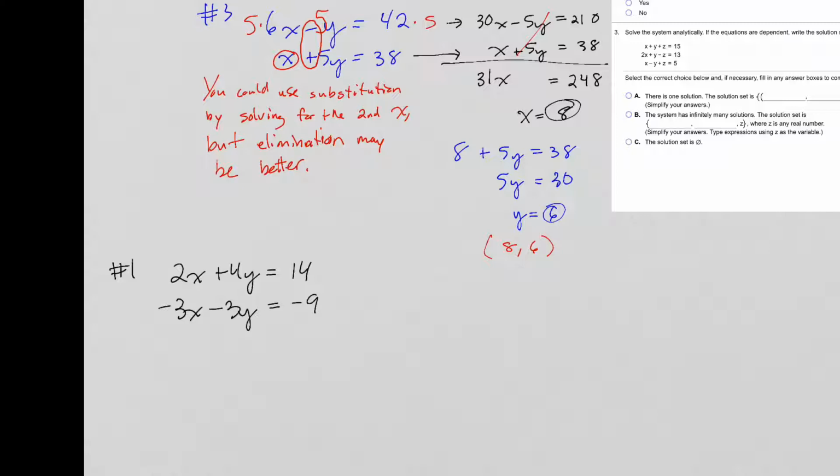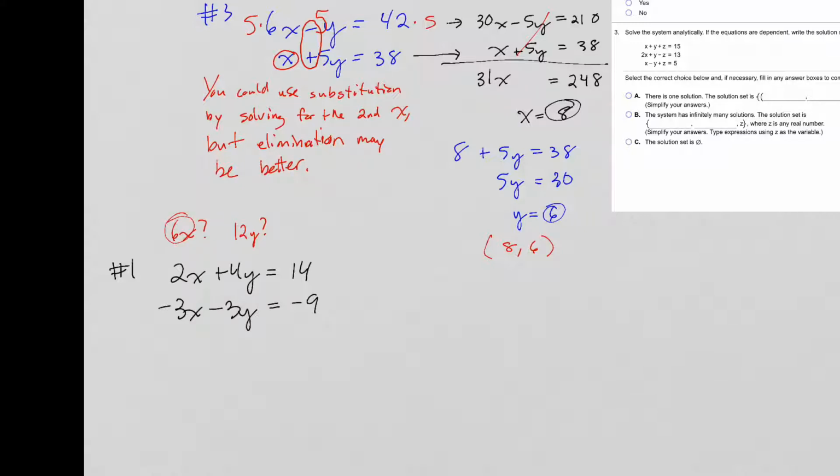But just leaving these two equations alone and only focusing on eliminating, we can make the x's look like 6x. I can make these two look like 6x's, or I can make these two look like 12y's. Okay, so I'm going to choose the 6x.